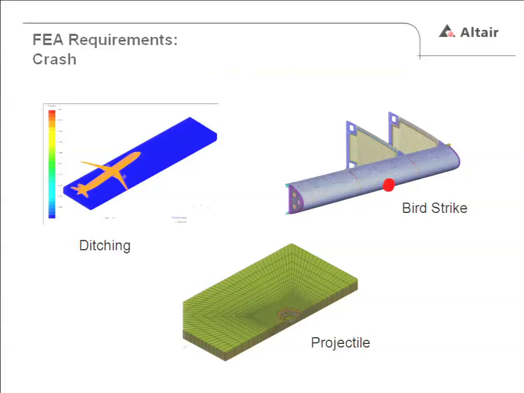Anytime anything can crash, you'll find a group that's probably running some type of ditching analysis on it. Bird strike is absolutely huge. There's growing requirements for bird strike in both the commercial and the defense arena. Both Philly and Everett have bird strike centers of excellence that are pretty much running bird strike nonstop.